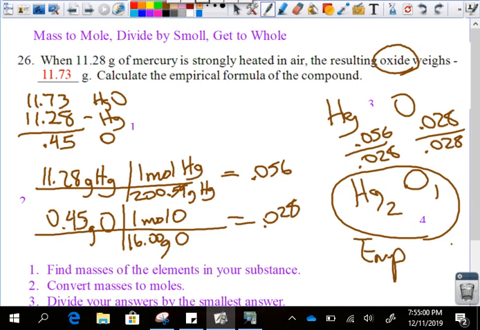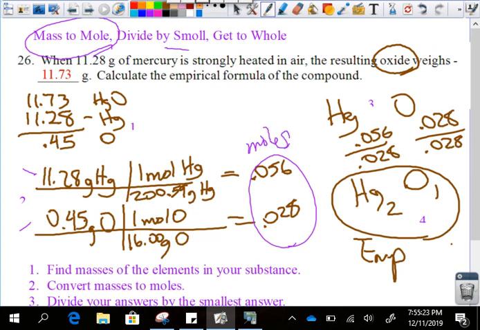I'm going back to 26. We talked about this as being a bonus question this year because the schedule's been kind of messed up. But here we have the mass of mercury and the mass of oxygen. First step is to change those masses into moles. So I'm using the periodic table to convert them into moles. Now they are in moles.